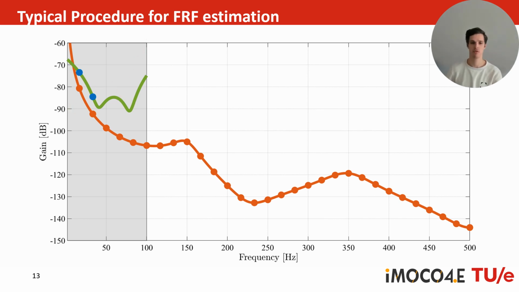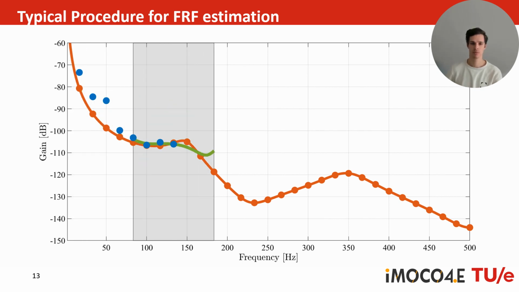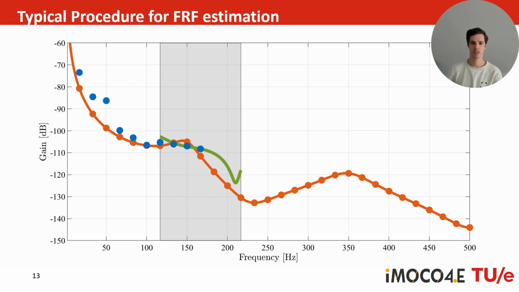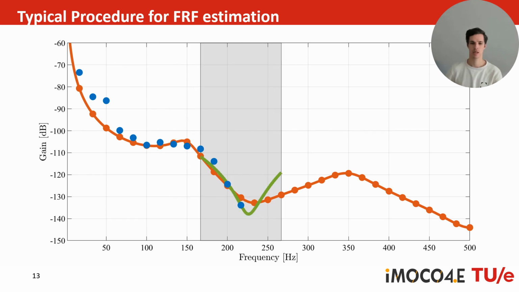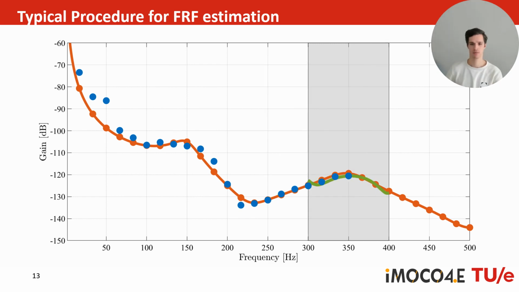I'll just show a brief animation now. As you can see, as our window is sliding, we get system estimates at the central frequency. And then at the end, all our frequencies are estimated.